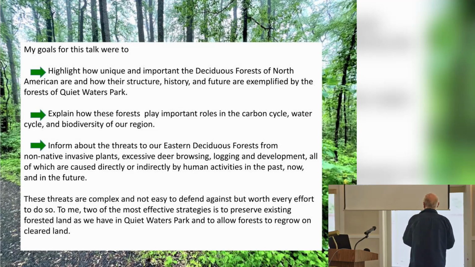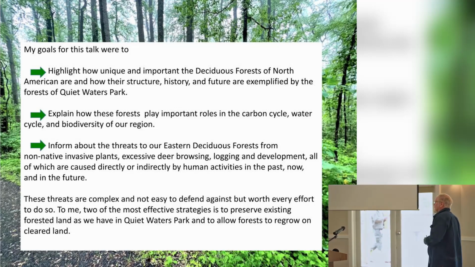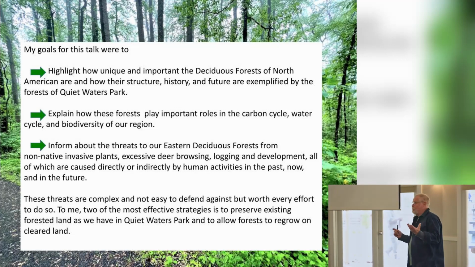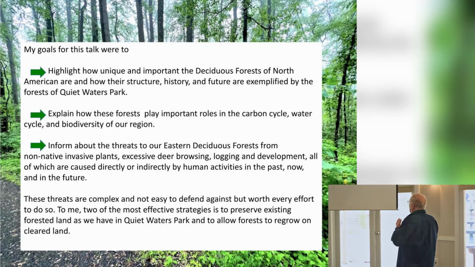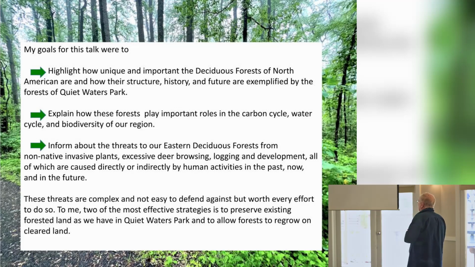So the goals of my talk, in conclusion, just to wrap this up, was to highlight the unique and important characteristics of the northern deciduous forests and how their structure and history and future for the whole East Coast, east of the Mississippi, is reflected in this forest that we have here.